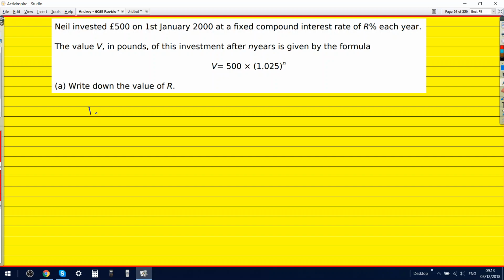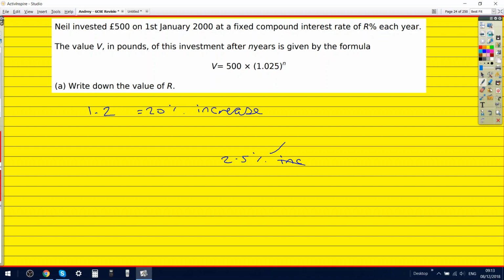Yeah, 1.2 is a 20% increase. Any idea what increase they're doing? That's a fixed compound interest rate: 1.025, so 2.5%. Well done. They're doing a 2.5% increase. Write down the value of R: it's 2.5%. That's all that's asking. It's a bit unusual.